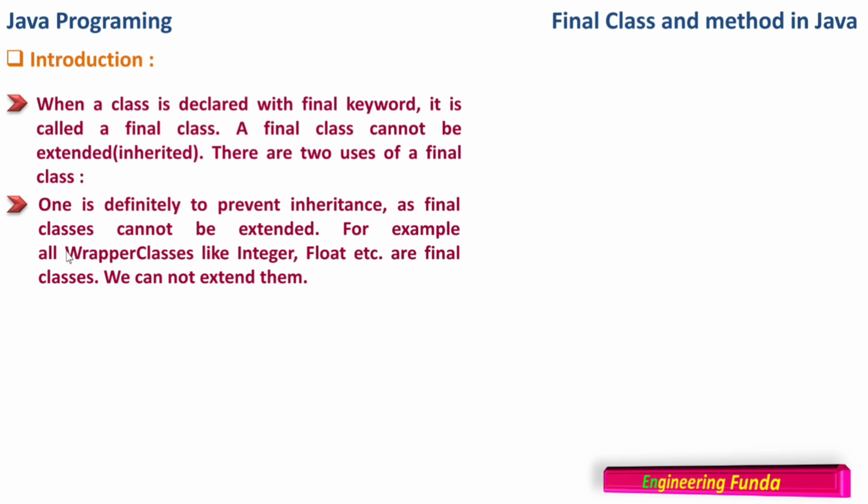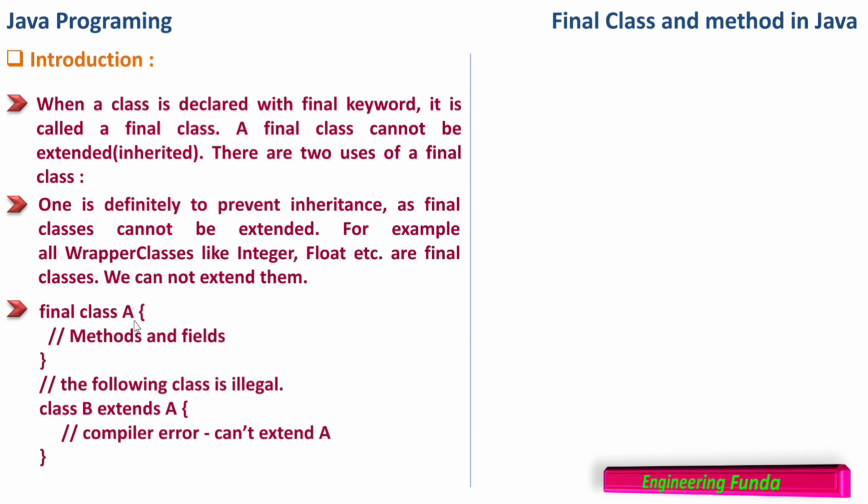For example, all the wrapper classes we have seen in one of the previous videos. You can explore the playlist for wrapper classes like Integer, Float, Double and many others are final classes. We cannot extend the wrapper classes.